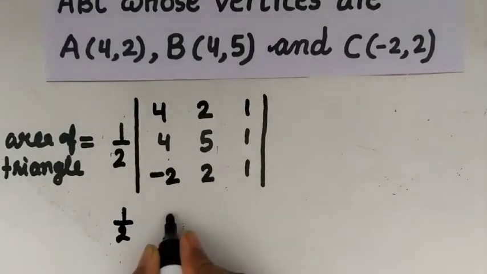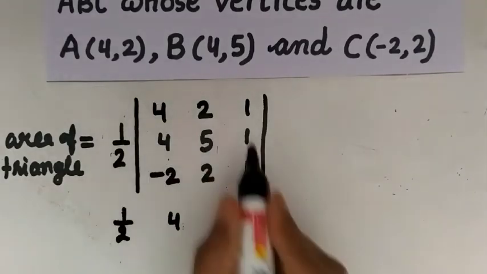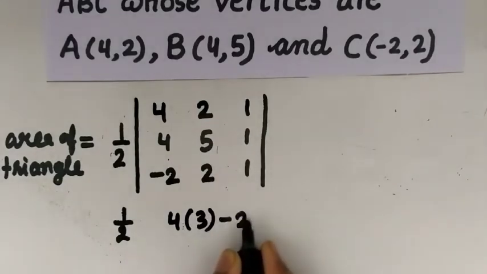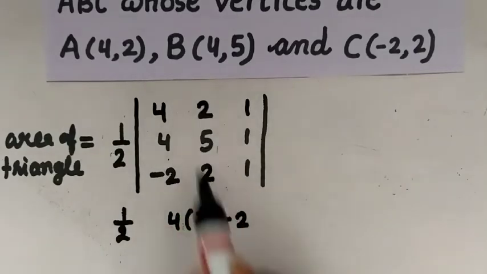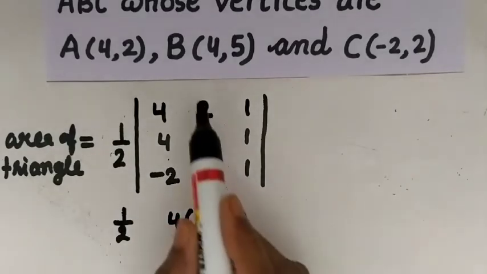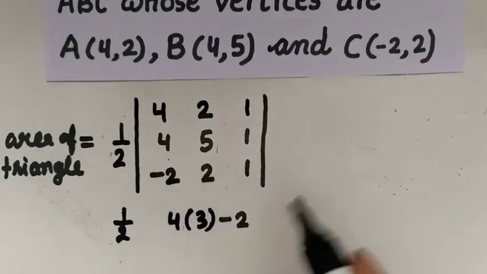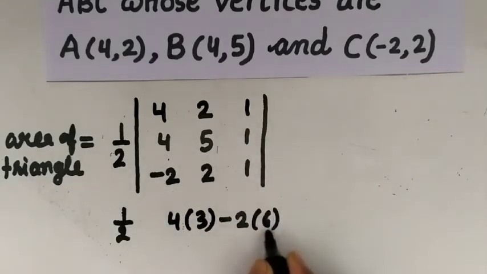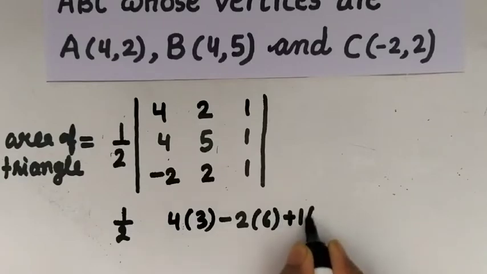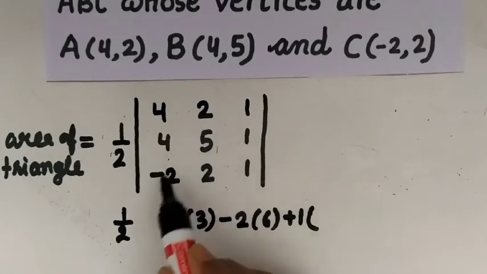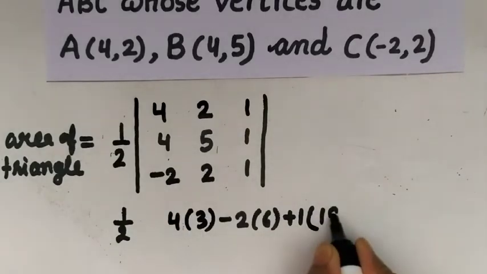First of all, I will write 4 times (5 minus 2), that is 3. Then minus 2, for the second element I will use a negative sign, times (minus 2, 4 plus 2), that is 6. And then plus 1 times (8 plus 10), that is 18.